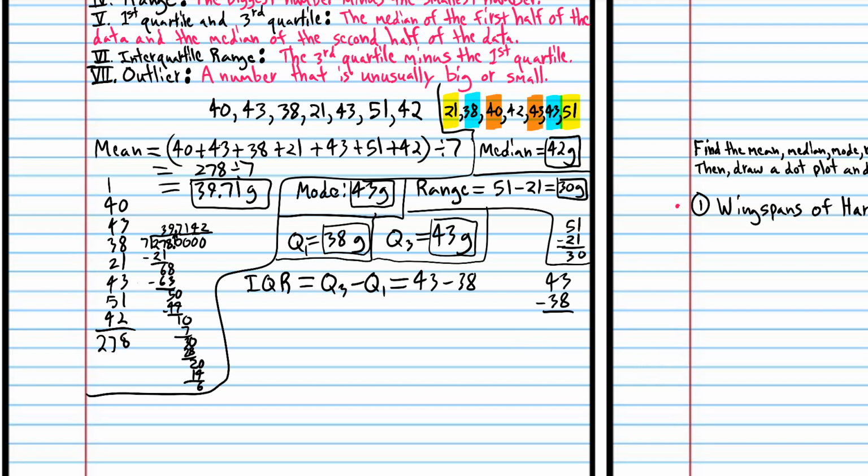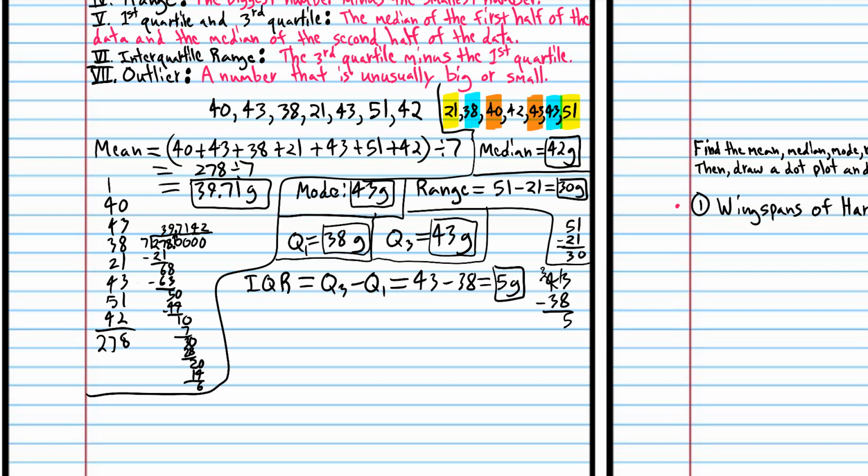We cannot subtract 8 from 3, so we have to borrow from the 4. It becomes 3. Give the 1 you borrow from 4 to the 3, and it becomes 13. 13 minus 8 is 5. 3 minus 3 is 0. So 43 minus 38 is 5, and we're going to put grams. So the interquartile range is 5 grams.